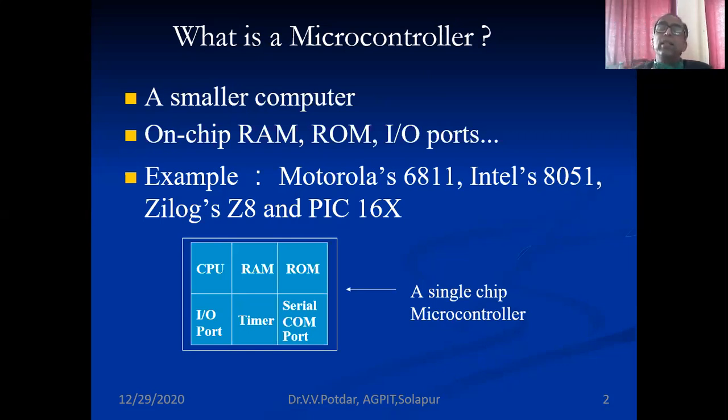Various manufacturers produce different microcontrollers, used by the industry. On a single chip of a microcontroller, you'll find a central processing unit, then volatile memory, random access memory, RAM, read-only memory, permanent memory, ROM, plus an input output port, a timer, and a serial communication port. All these things are there on a single chip of a microcontroller.